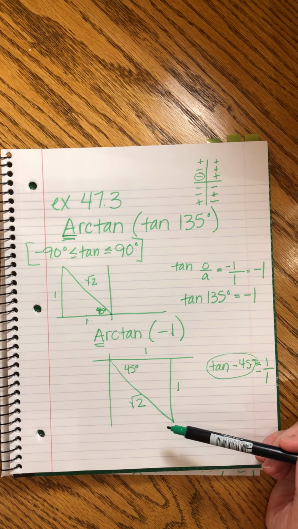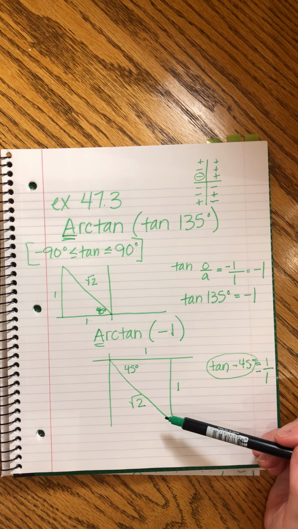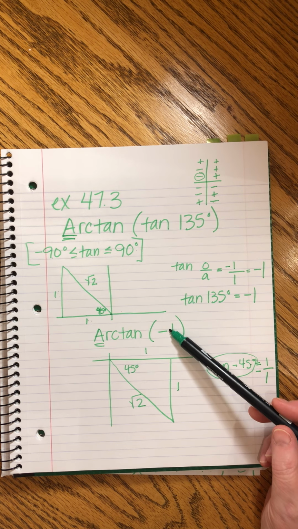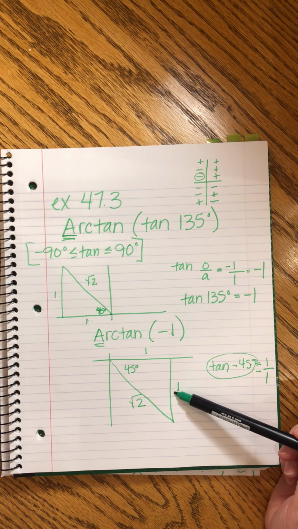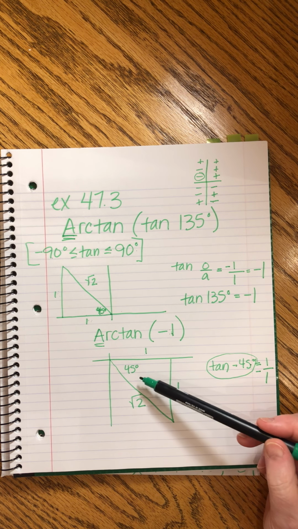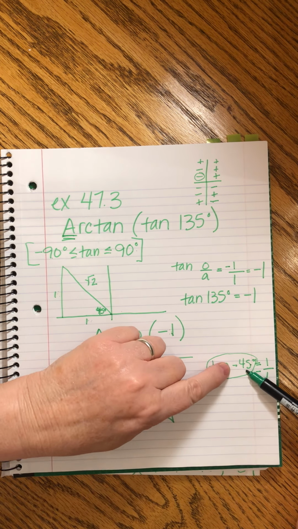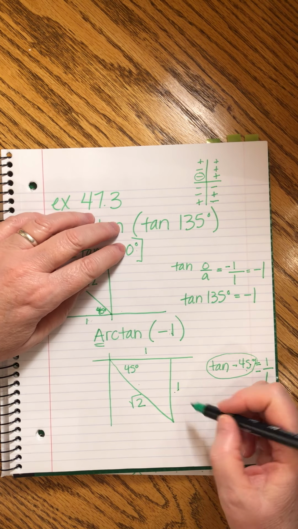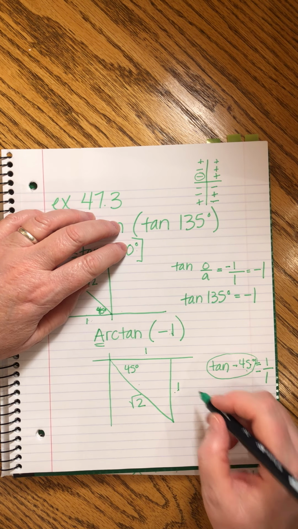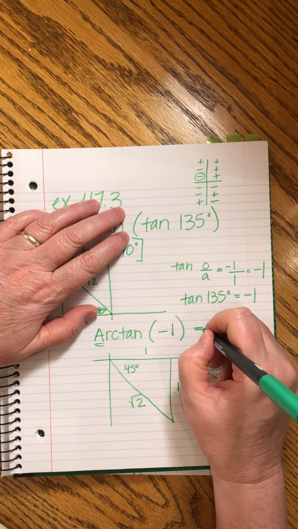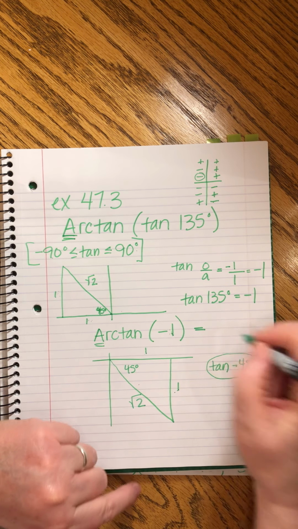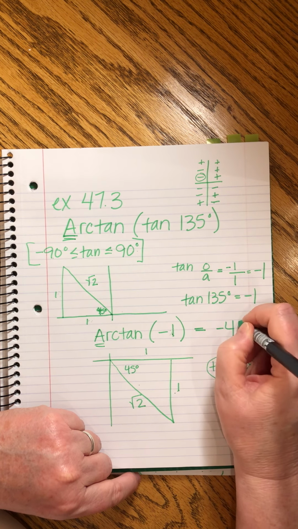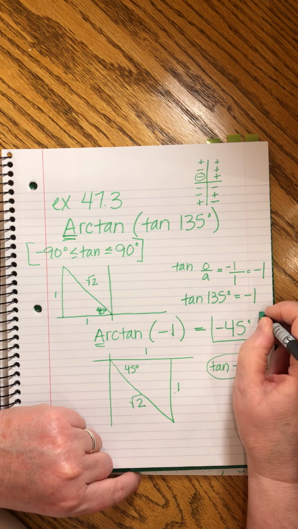If it was a 60 or a 90, it would have, you know, square roots and weird numbers in it. So the fact that it's just -1 tells us it must be this triangle in the fourth quadrant, and that's a -45 degree angle. So the answer to our question is that the arctangent of -1 equals -45 degrees.